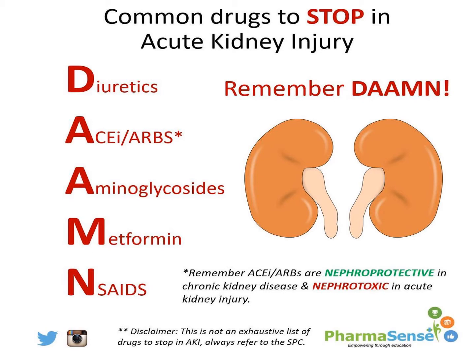Okay, so this slide is showing you some drugs that could be harmful if your kidneys have already had an injury. So, common drugs to stop in acute kidney injury. Let me give you an example. Say you've been really sick at home, lots of vomiting and diarrhea, and you become very dehydrated.